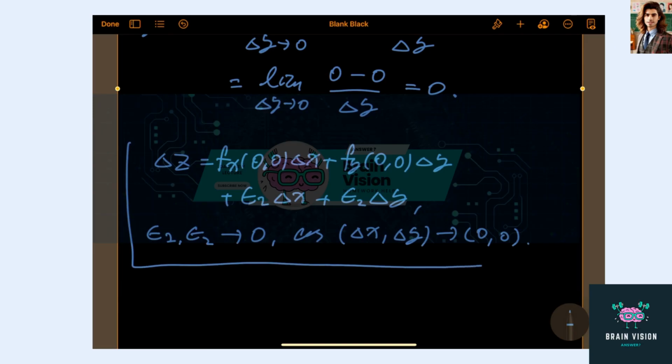So we need to have the equation and the conditions stated in order to conclude that f is differentiable at the point (0, 0).